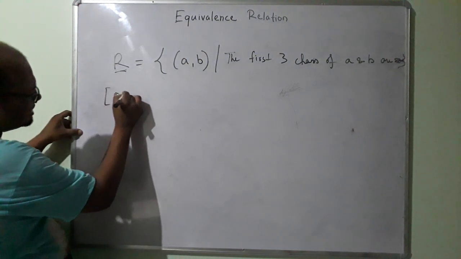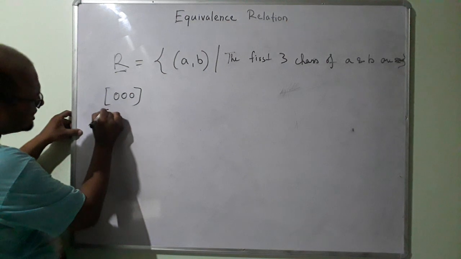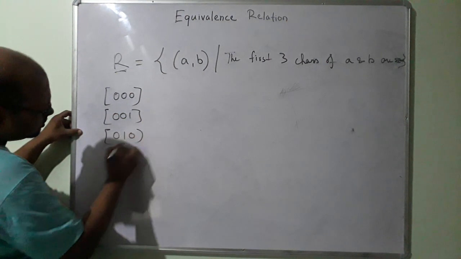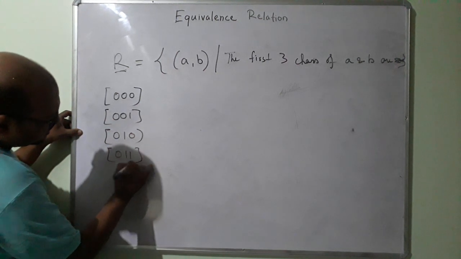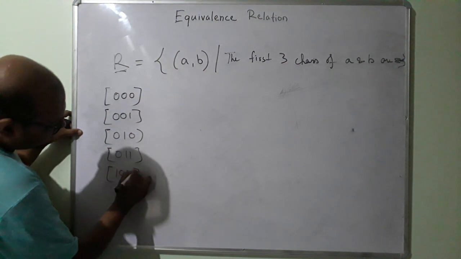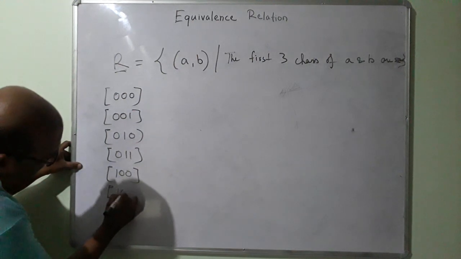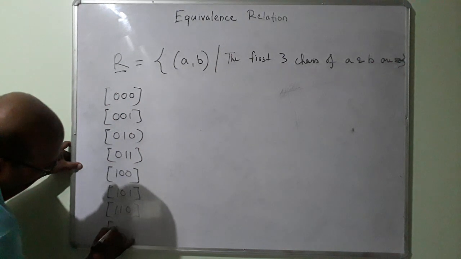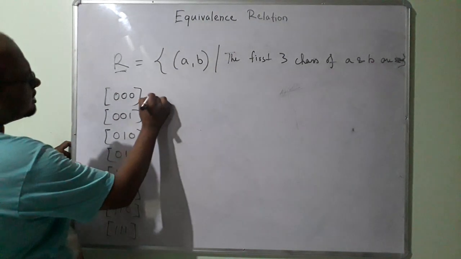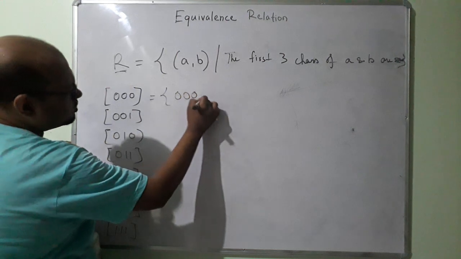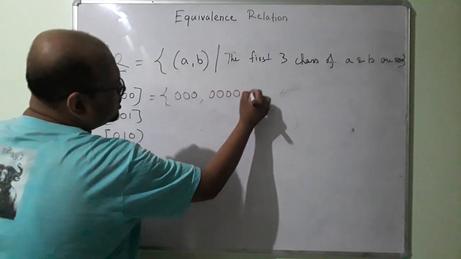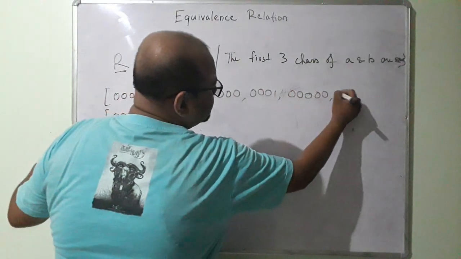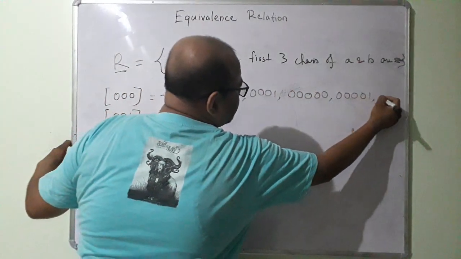Think about it. 0, 0, 0 will represent one equivalence class. 0, 0, 1 will represent one. 0, 1, 0. 0, 1, 1. 1, 0, 0. 1, 0, 1. 1, 1, 0. And 1, 1, 1. The first class will contain all the strings starting with 0, 0, 0, such as 000, 0000, 0001, and so on.